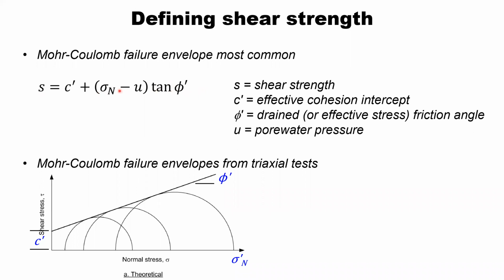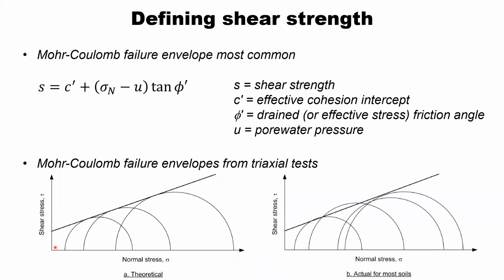This is the slope, m, and this is our intercept, this cohesion intercept in terms of effective stresses. So as we plot our shear stress versus effective normal stress, we see that the slope is our friction angle, and the intercept is our cohesion intercept.